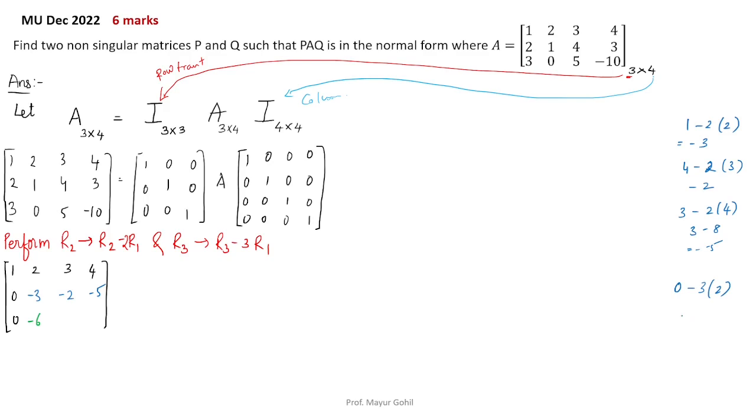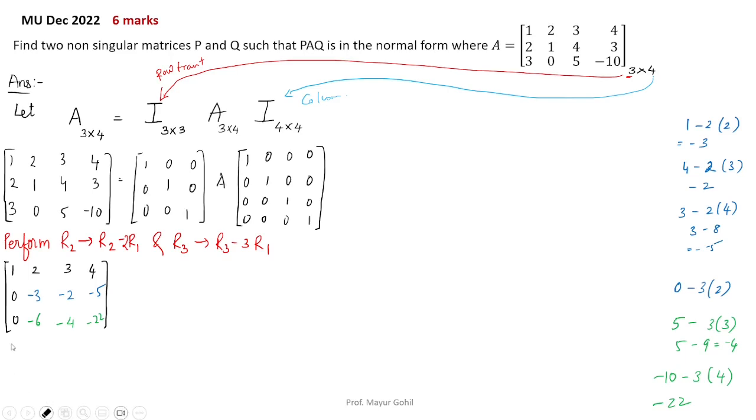The next one is 5 minus 3 times 3, so 5 minus 9 is minus 4, so here it is minus 4. And then there is minus 10 minus 3 times 4, so then there is minus 22. Okay, we have that.